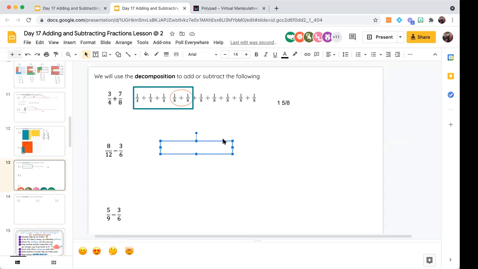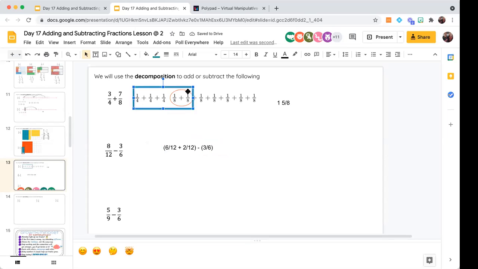So if I could decompose 8/12 into a half, notice what we're going to do here. I'm going to put it in parentheses. 8/12 is the same as 6/12 plus 2/12. Right? 6/12 is 1/2. And I'm going to subtract 3/6 from there.